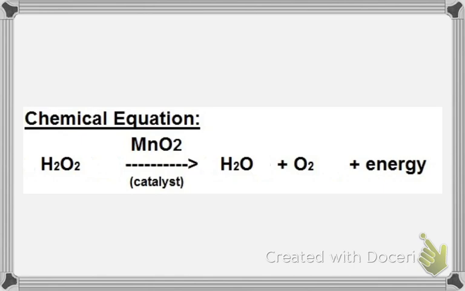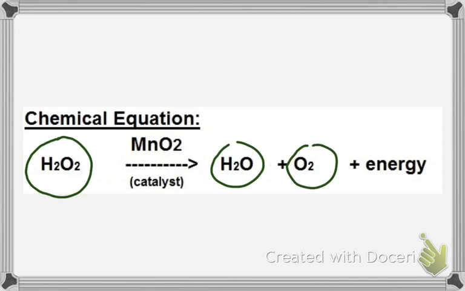In order for something to be a chemical reaction, you have to have matter that you begin with that creates new matter that you end with. So in this chemical reaction, we have hydrogen peroxide, which is H2O2, that breaks down to become H2O, just water, and oxygen gas.